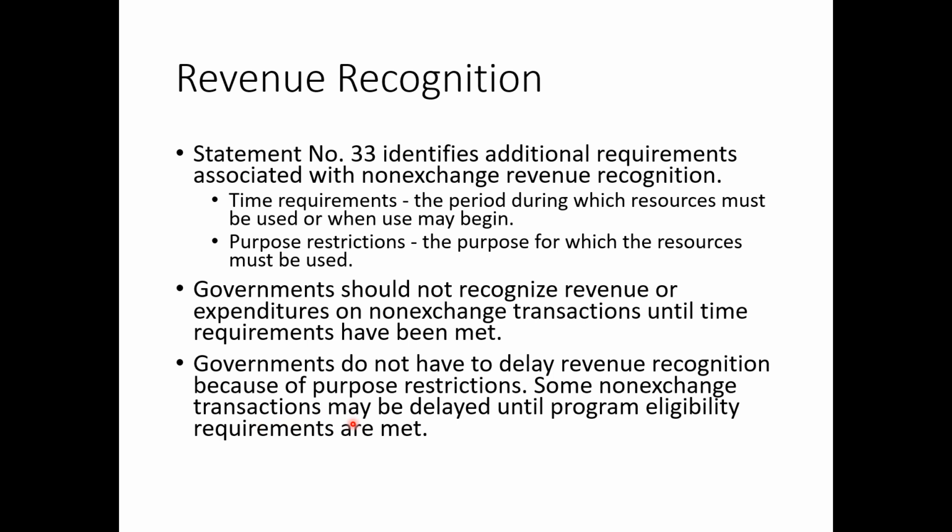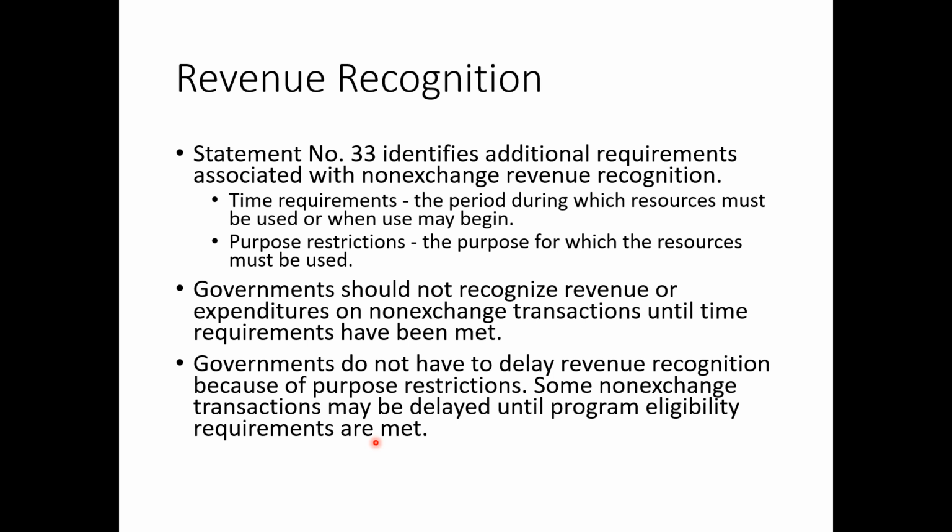Some non-exchange transactions may be delayed until program eligibility requirements are met. One example is someone wants to donate money to the university, but requires that the university sets up a new school, a new department.